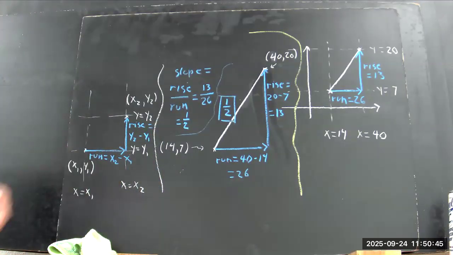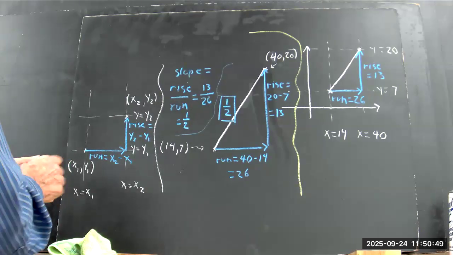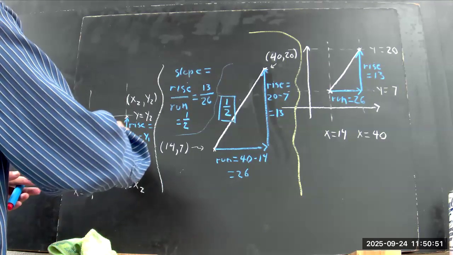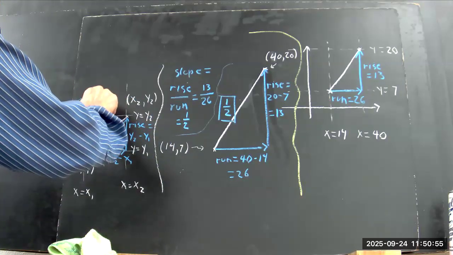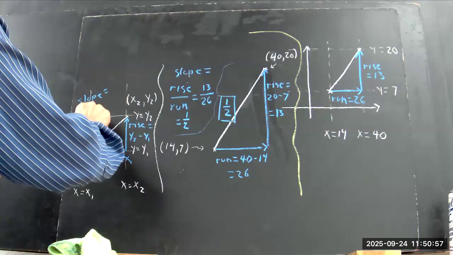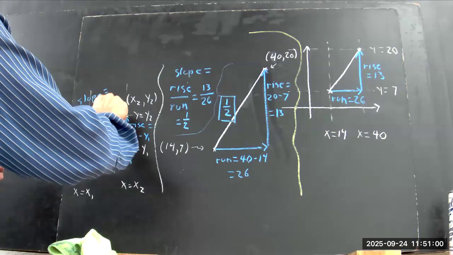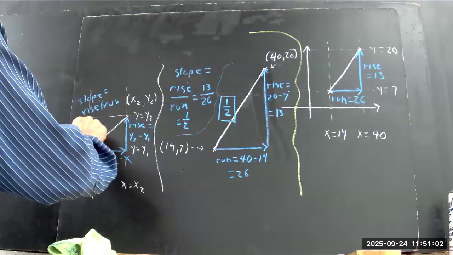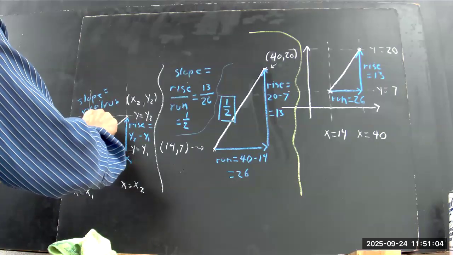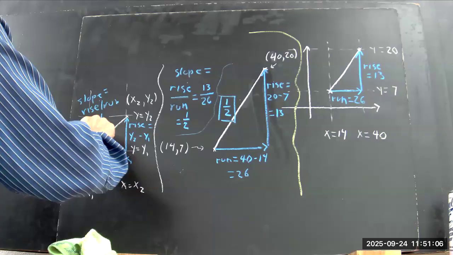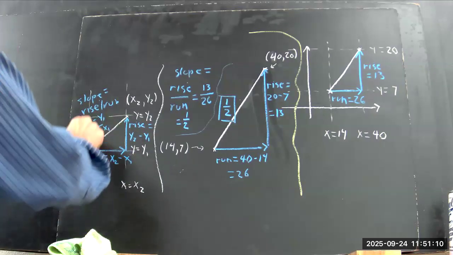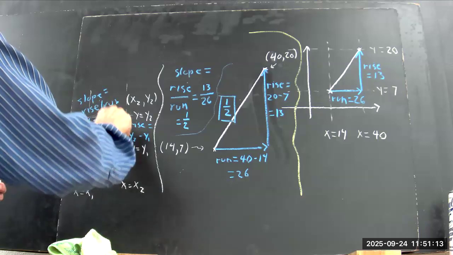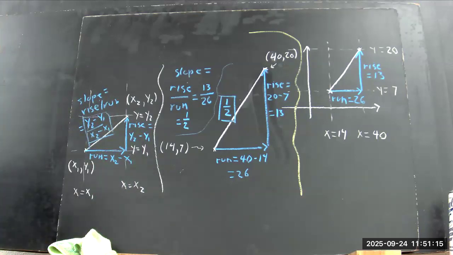And the rise is y2 minus y1. The slope equals rise over run equals y2 minus y1 over x2 minus x1. I don't have room to write that out separately, but I just put a box right there.